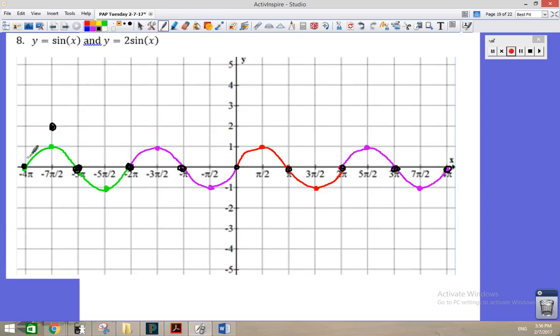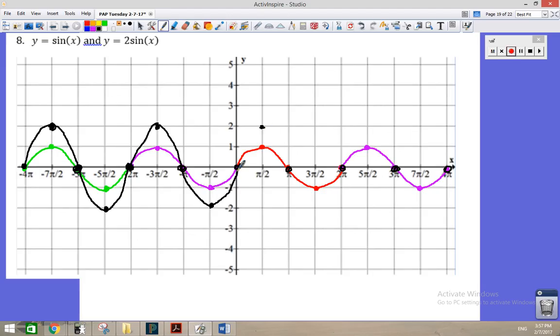So this crest gets vertically stretched up to here. And this is -1. When it gets multiplied by 2, it becomes -2. So this gets vertically stretched, where now the range of this thing is between -2 and +2 inclusive. These y values all get vertically stretched away from the center line, away from the x-axis.